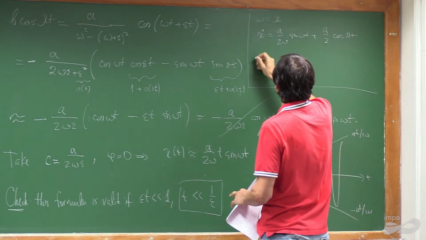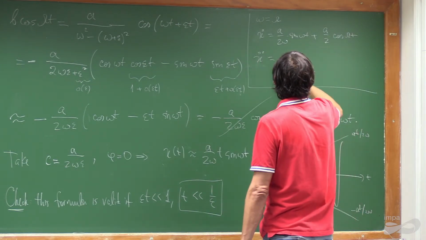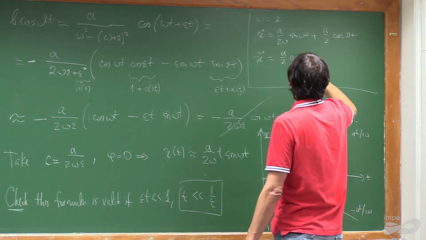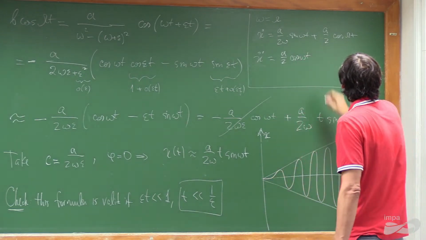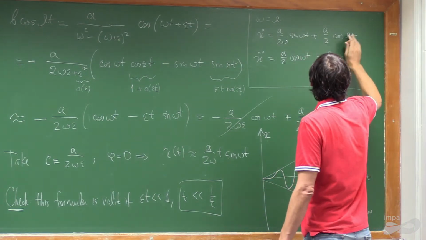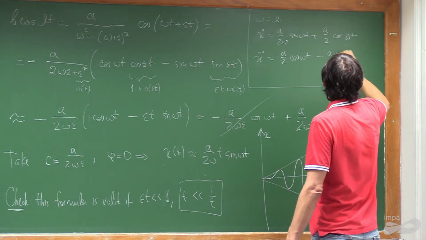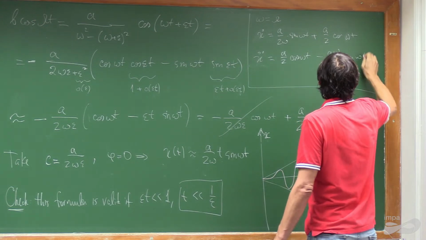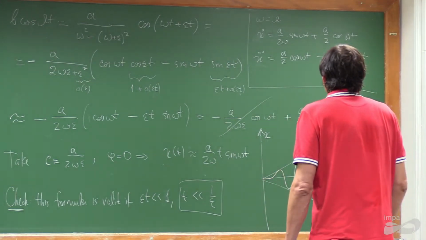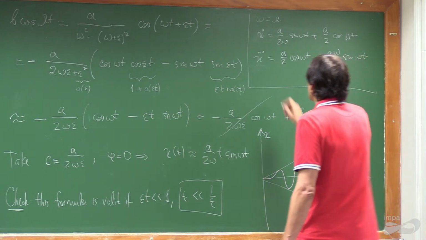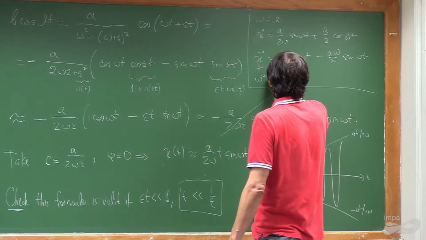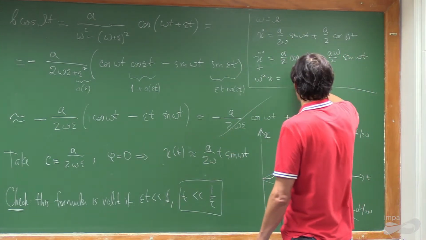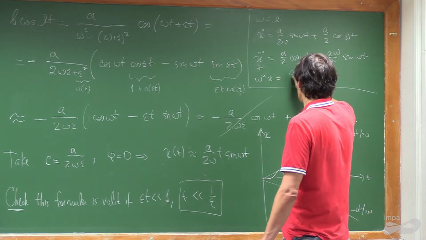The second derivative will be A over 2 cosine omega t minus A omega over 2 sine omega t. And if we add omega squared x, which gives you A omega over 2.